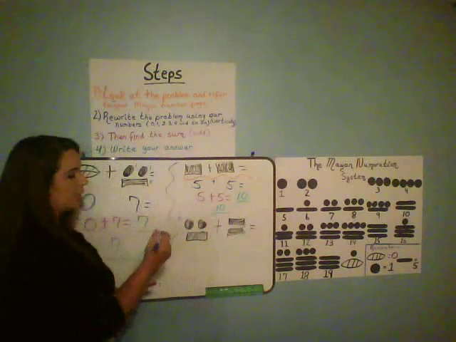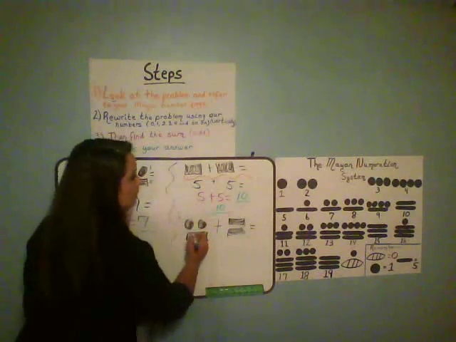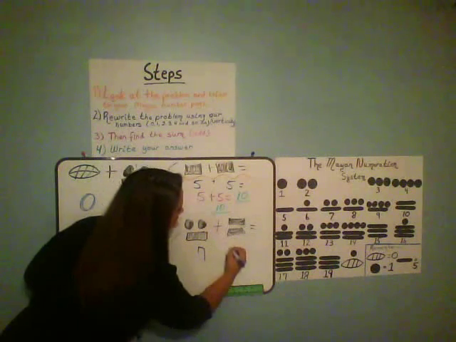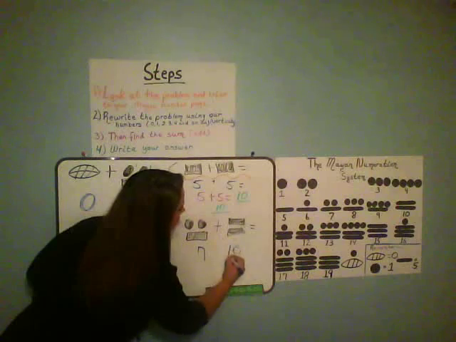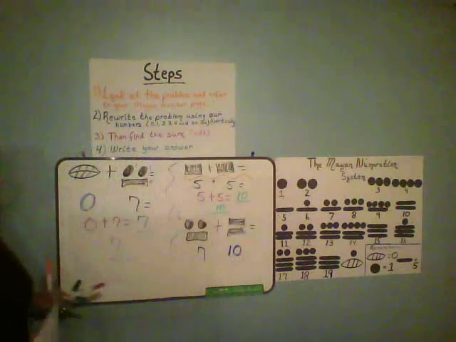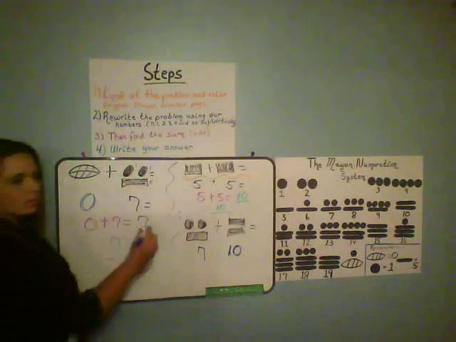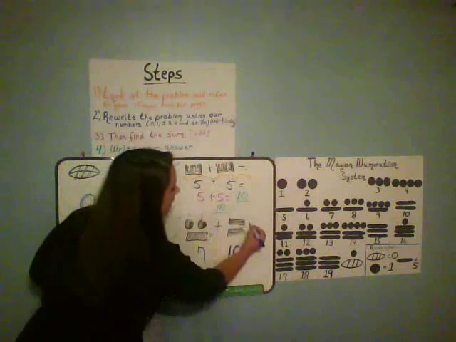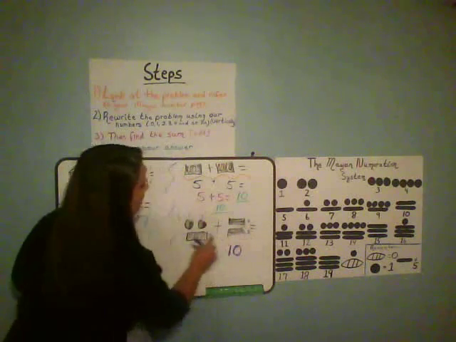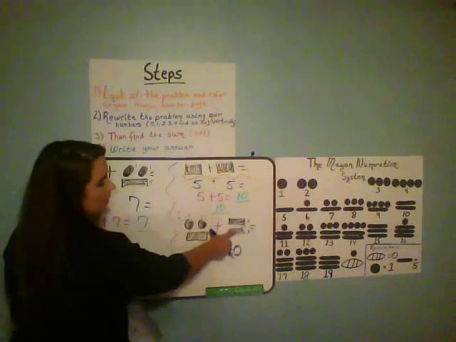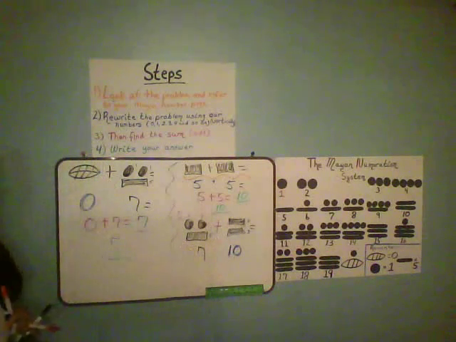So Adriana, what did you get? 7 and 10. Is she right, friends? Yes. 7 and 10. So how did you do that? Okay, you knew this was 1, and this is 5, and then 5 and 5. 5, 6, 7, 5 plus 5 is 10. Good.